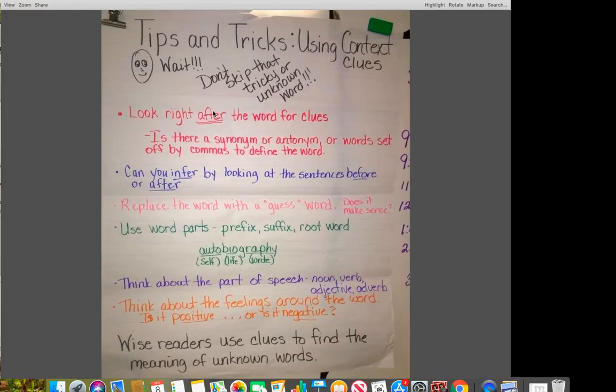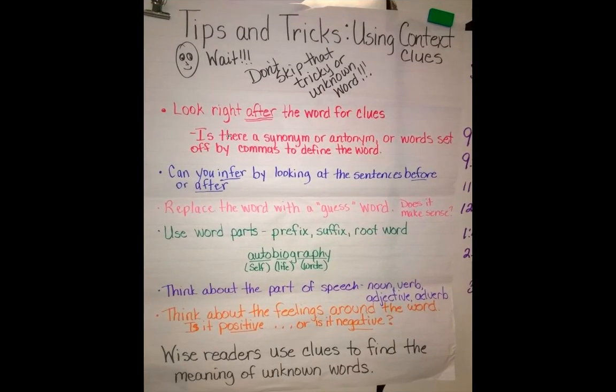I borrowed this cool anchor chart with just some tips and tricks on how to understand the definitions and what words mean. And these are things, hopefully, that this is nothing new to you, but to some of you it might be. But when you get to that really long word, you can't skip it. You just can't skip that unknown word, because you know somewhere down the line there's going to be a question about that word.